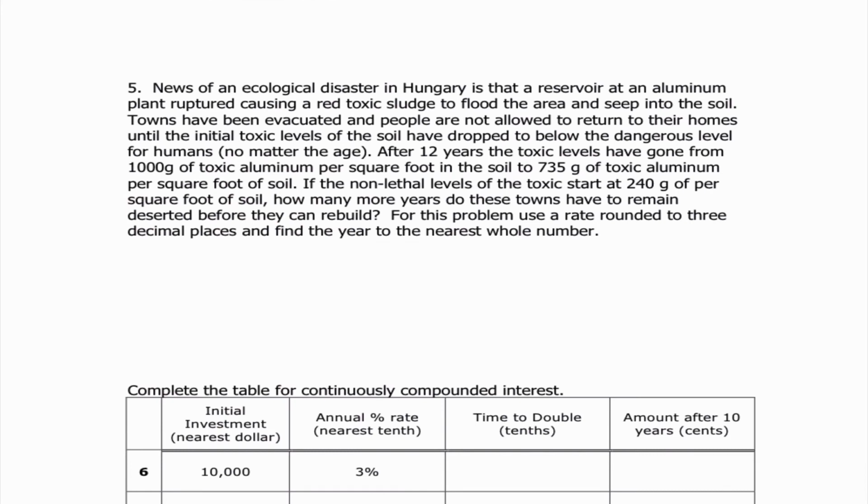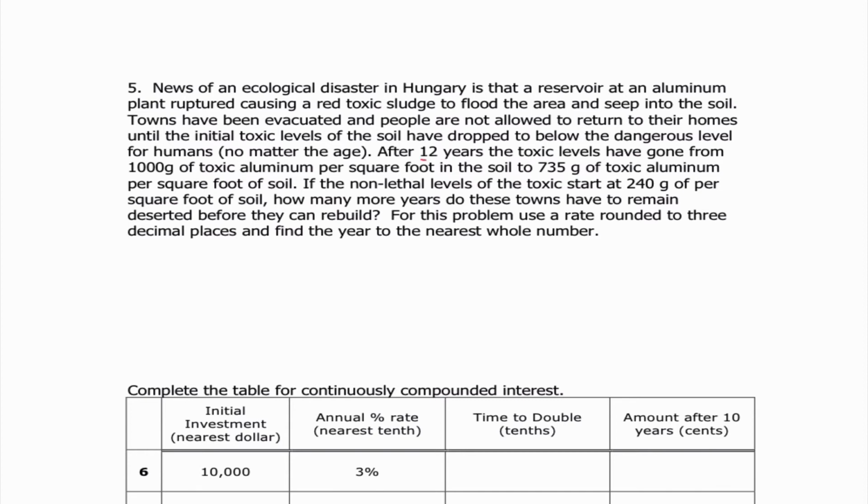News of an ecological disaster in Hungary is that a reservoir at an aluminum plant ruptured, causing a red toxic sludge to flood the area and seep into the soil. Towns have been evacuated and people are not allowed to return to their homes until the toxic levels of the soil have dropped to below the dangerous level for humans.